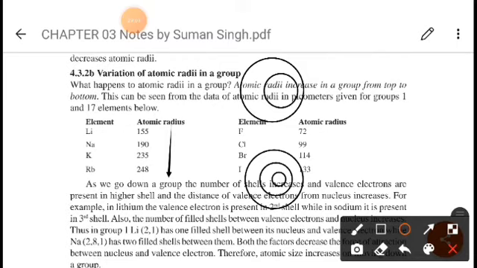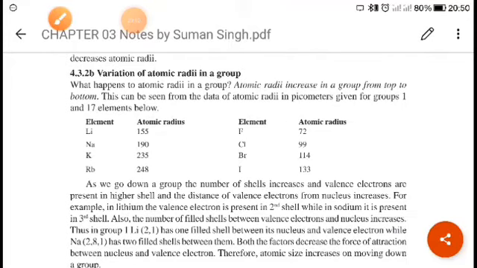In the third shell it will become 1, 2, 3, 4, like this. So the nuclear charge is increasing with the atomic number, but at the same time the number of shells is also increasing.